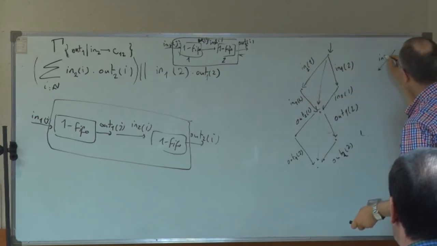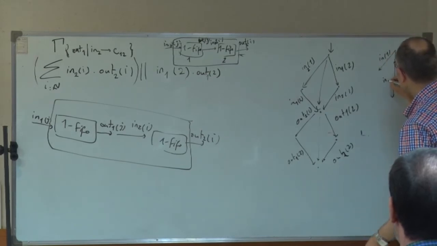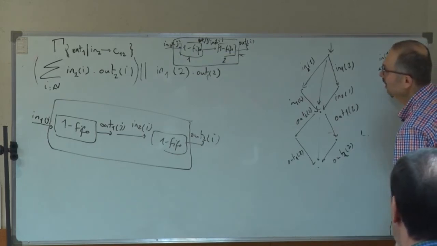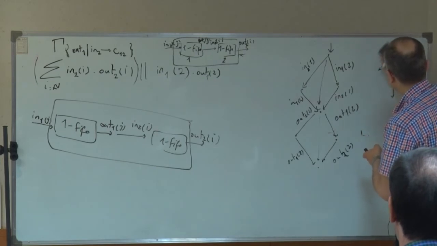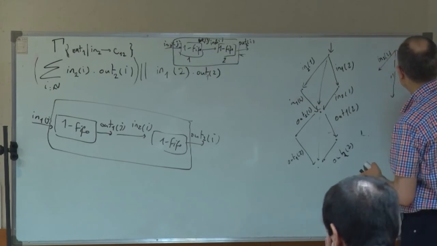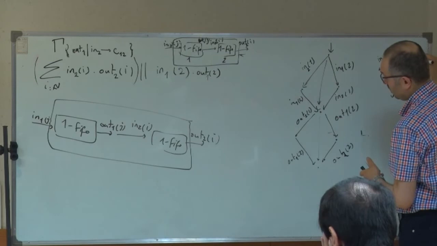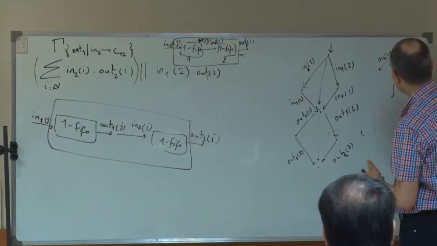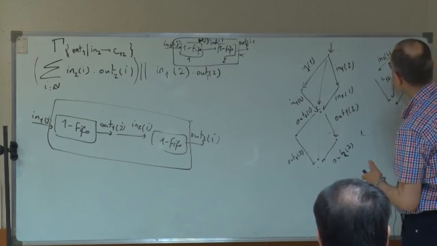Basically, what should happen is that out 1 and in 1 will be renamed into C1,1.